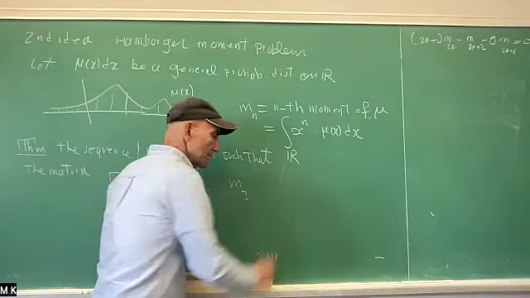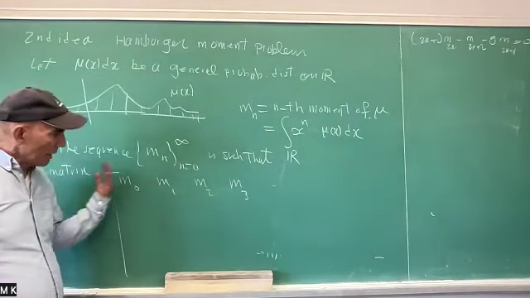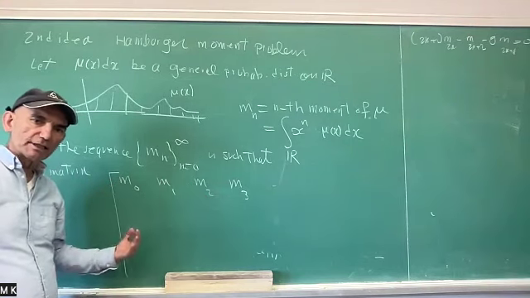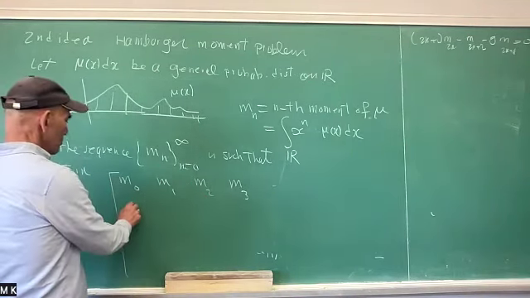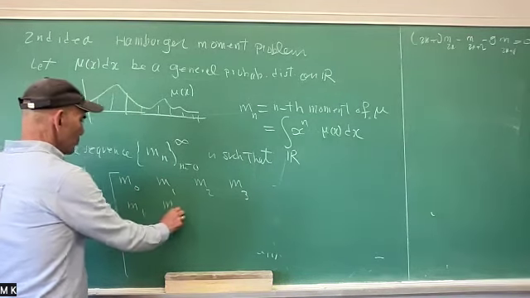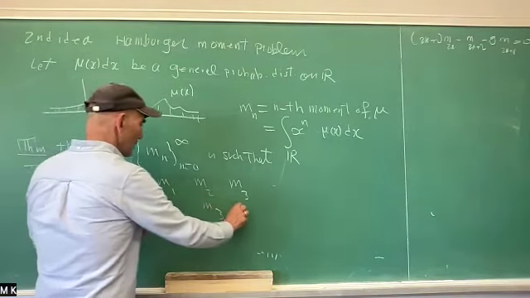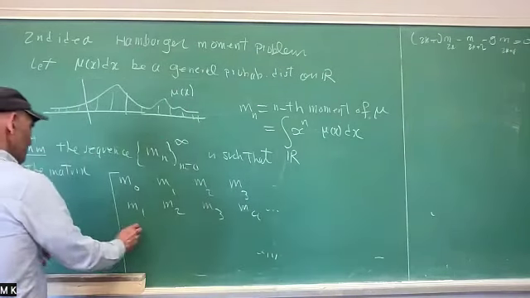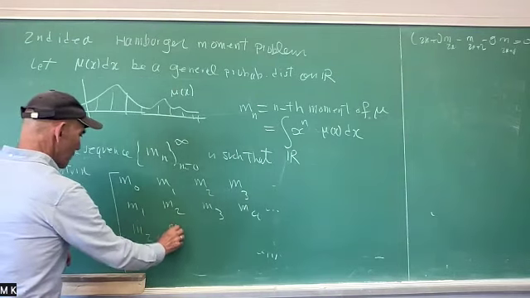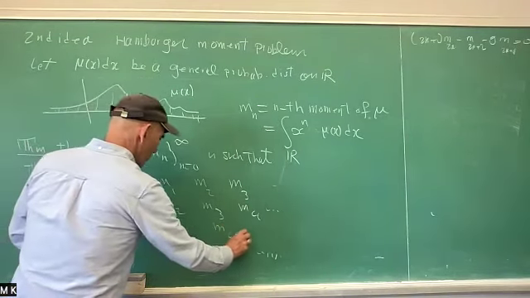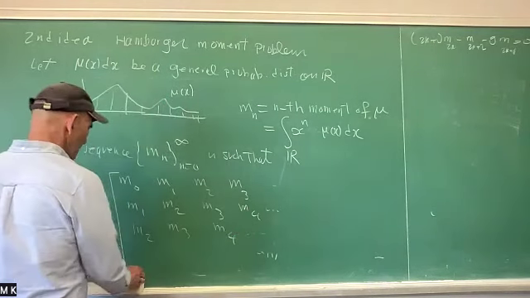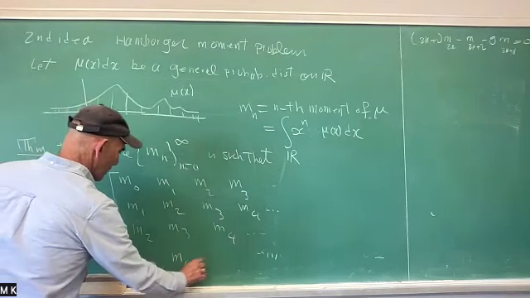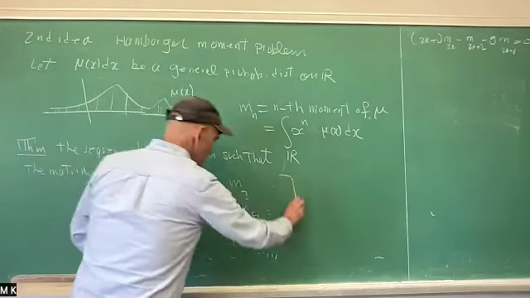You put all the moments in the first row, and then you shift to the left to get the second row: M1, M2, M3, M4, and so on. The next row, again you shift: M2, M3, M4, and so on. And then M3, M4, and so on.